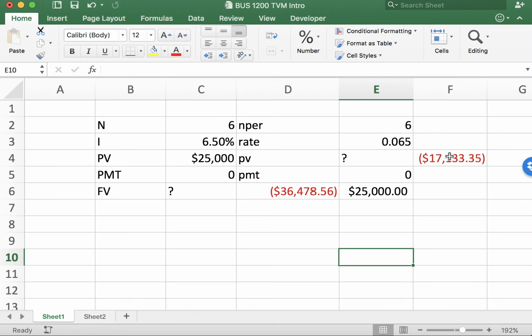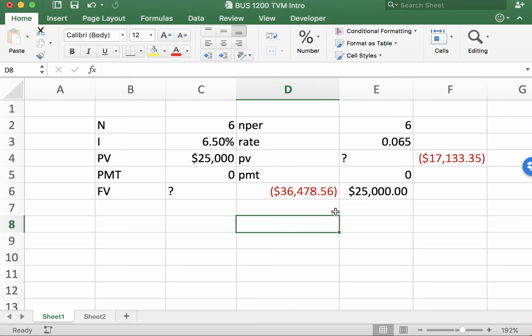So I deposit $17,133 today. If I get 6.5% interest compounded annually over 6 years, I will end up with $25,000. So you can see it's really easy to use spreadsheets to calculate the answers. I strongly urge you to put them into cells and then reference your cells in the equation over direct input.